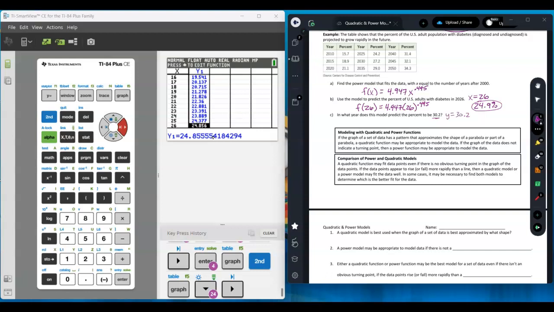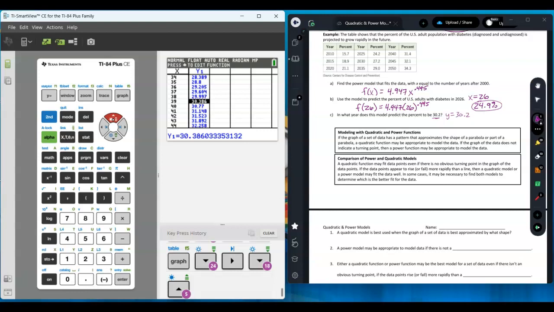Since I'm already in the table, if I just want to approximate this, I would keep scrolling through my table until I find as close as I can to a Y value of 30.2. I think in this case, that looks like it's going to be an X value of 39. So it's not exact, but it's probably good enough for our purposes, at least on this problem, to say that an X value of 39, or 39 years after the year 2000, is when we would expect this to be 30.2%.